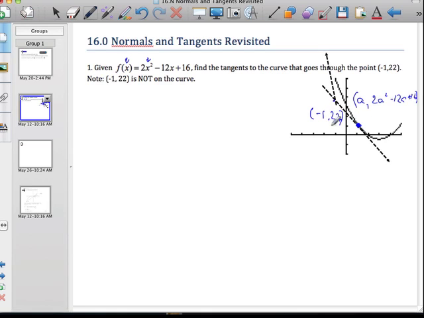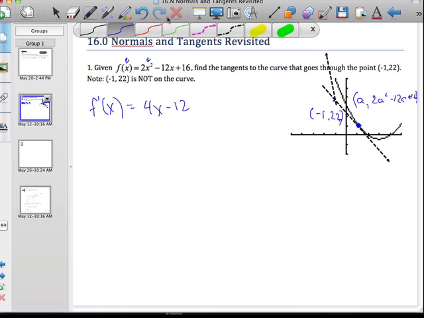And so I have this point and I have that point. Now I have 2 points, but I also need a slope. Well, slope I know is the derivative. If I take the derivative of that function, I get 4x minus 12. I want to find the slope of this dotted line here.